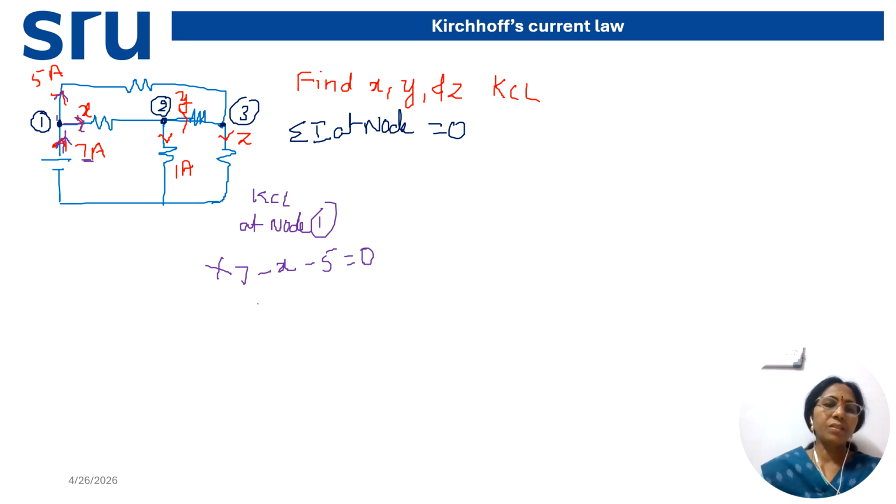If I simplify this, I will get X equals 2 ampere. So we got the X value. Then next, how do you get the Y current?